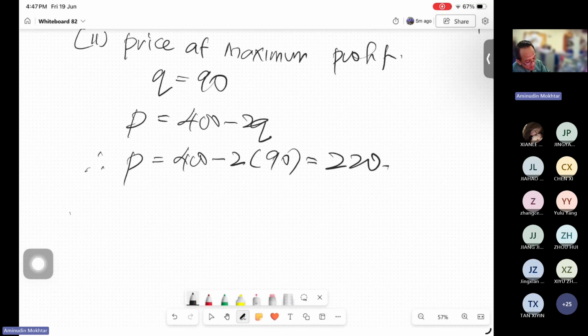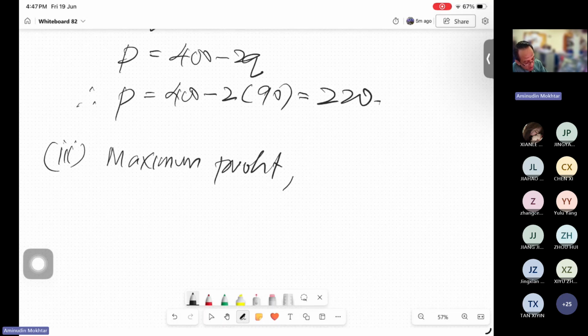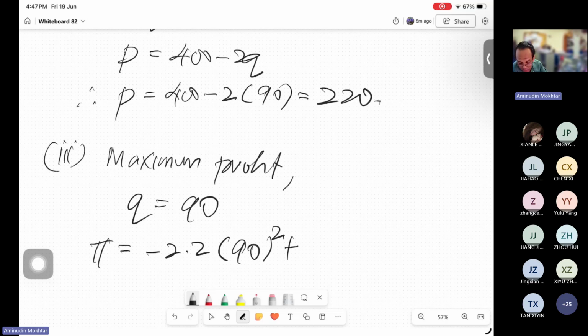So the last question asks you to find the maximum profit. In order to find the maximum profit, the quantity is 90, of course. The pi is equal to negative 2.2 times 90 squared plus 369 times 90 minus 400.